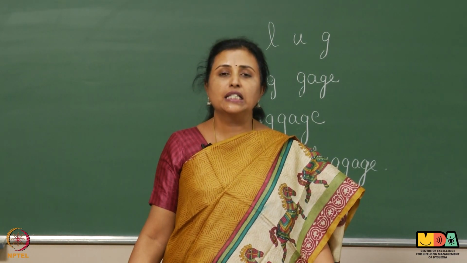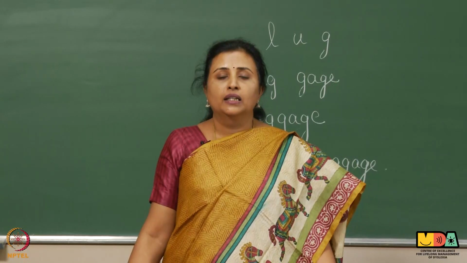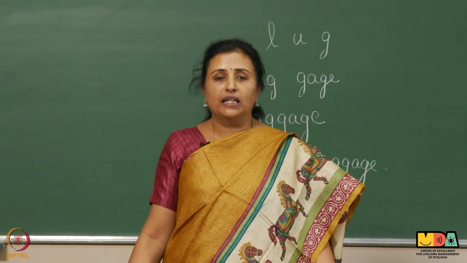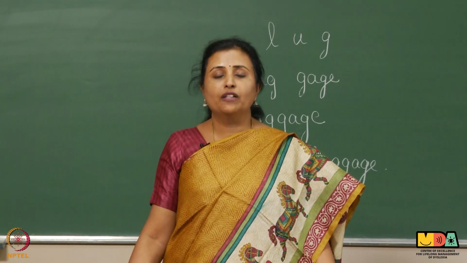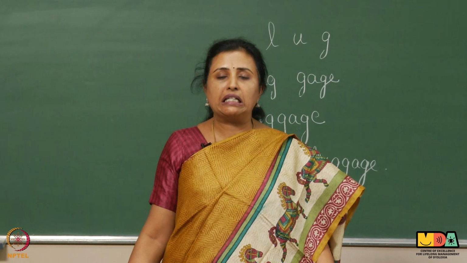T says t, as in tall, ticket, ten. Let us take the alphabet R. The sound of the alphabet R is r, as in rabbit, rat, rest, racket.